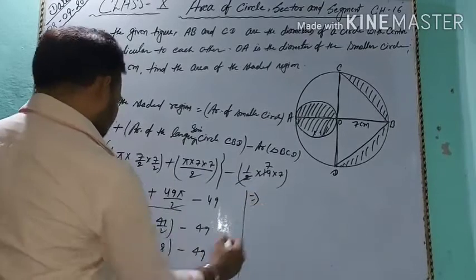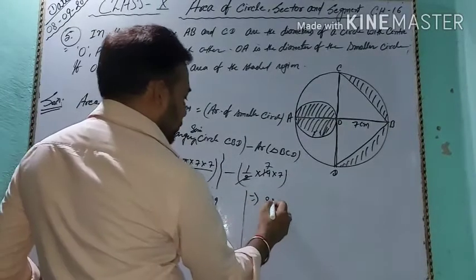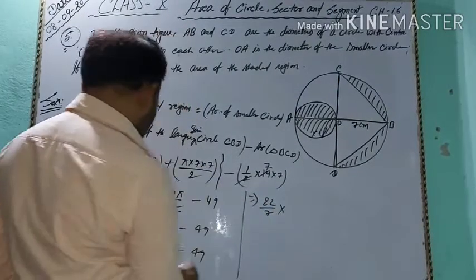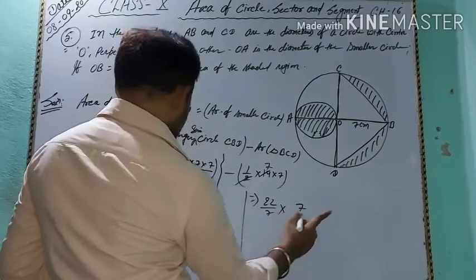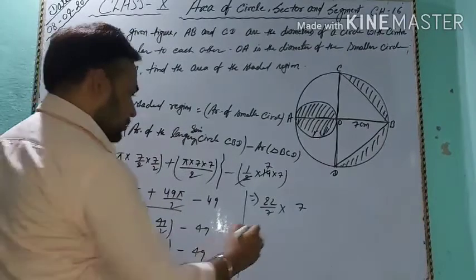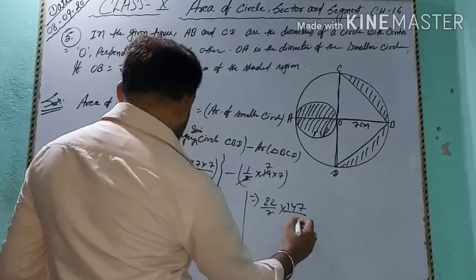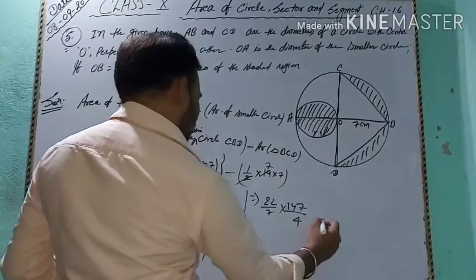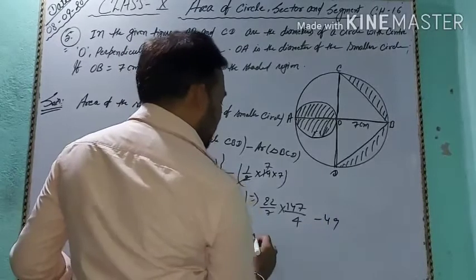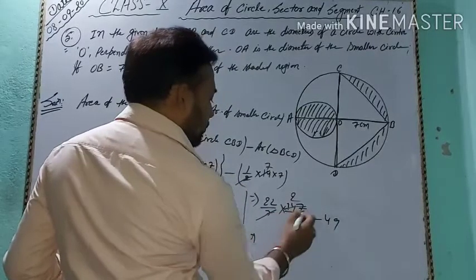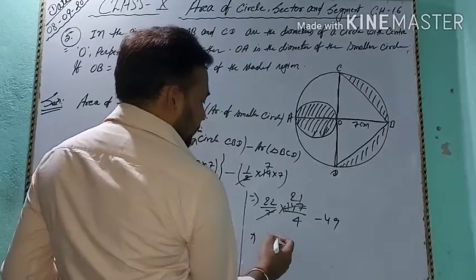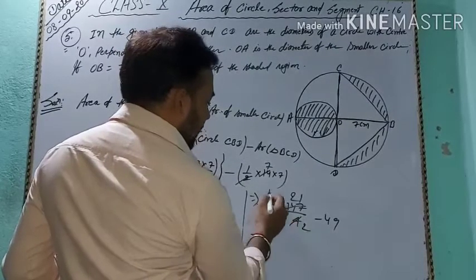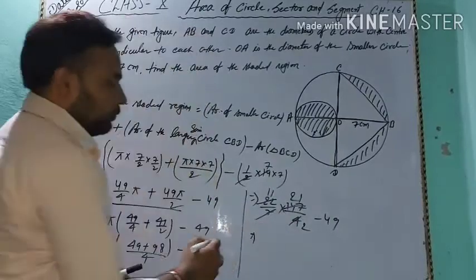Pi equals 22 by 7 multiplied by 49 plus 98, that is 147 by 4, or minus 49. So 7 twos are 14 and 7 threes are 21, 2 twos are 4, 2 elevens are 22.